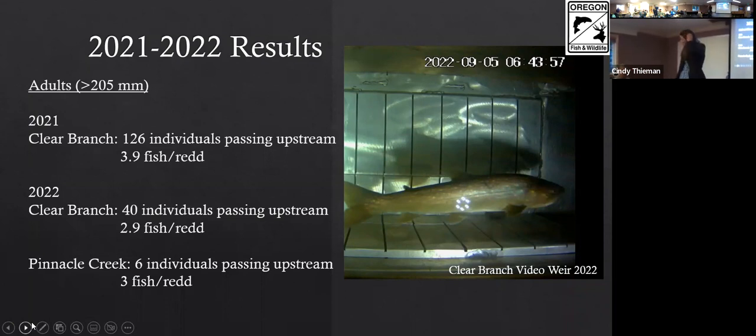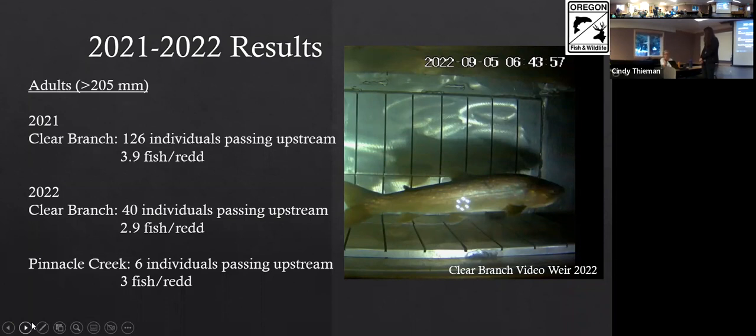Can I ask a quick question? Sure. So on the 2021 results, where there were so many more fish moving up into Clear Branch and Pinnacle, presumably, you've got, let's say, 4 fish per red, a spawning pair. So there's potentially double the number of spawning pairs, assuming there's an equal split of males to females. And in 2022, there's fewer fish moving upstream, but also fewer fish per red. It kind of suggests more competition.